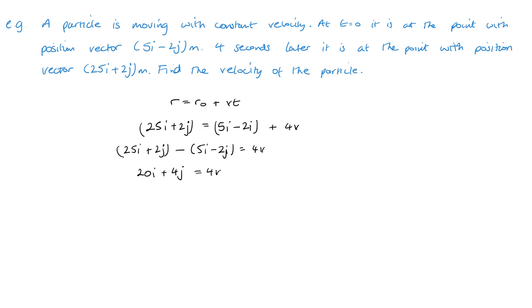Then we want to divide by 4, so v is equal to 5i plus j. And that there is the velocity.